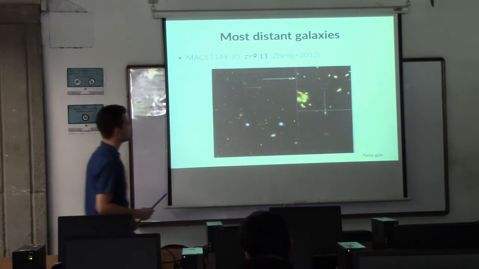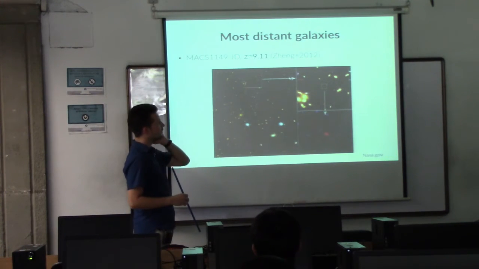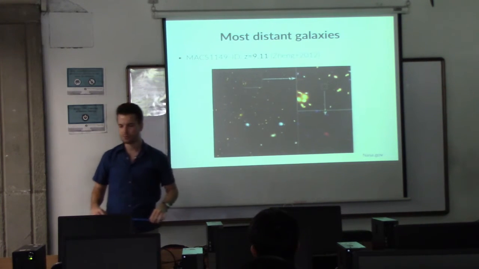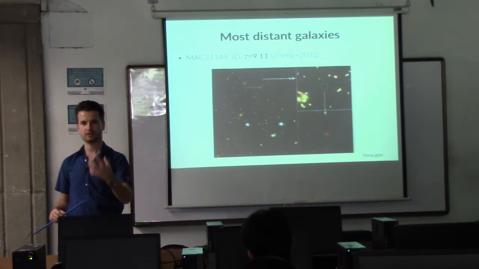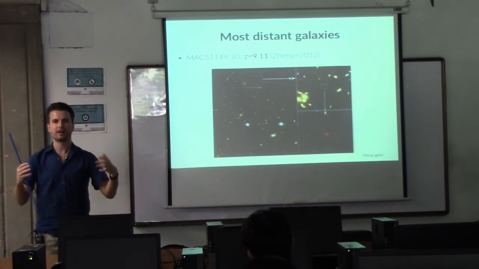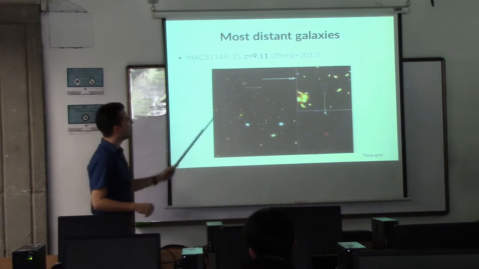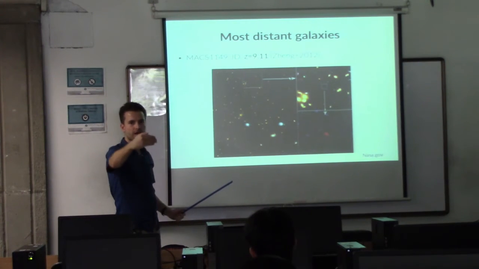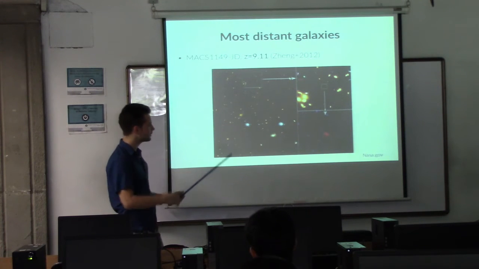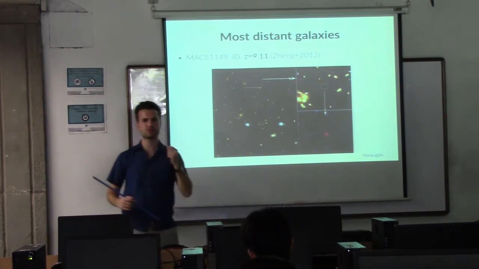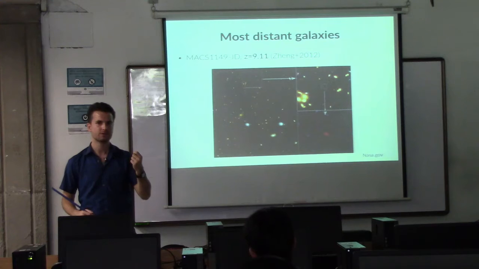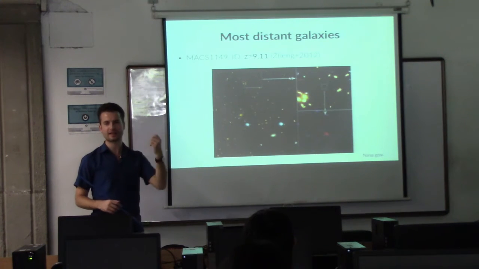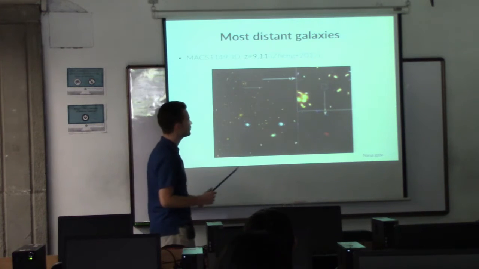Okay, this is going to be hard to see, but basically what people try to do is look for massive clusters that provide a lot of magnification, and then take very deep exposures in different colors, and try to look for something that's super red. Super red most likely means very high redshift, or you just got unlucky and it is a very red galaxy.